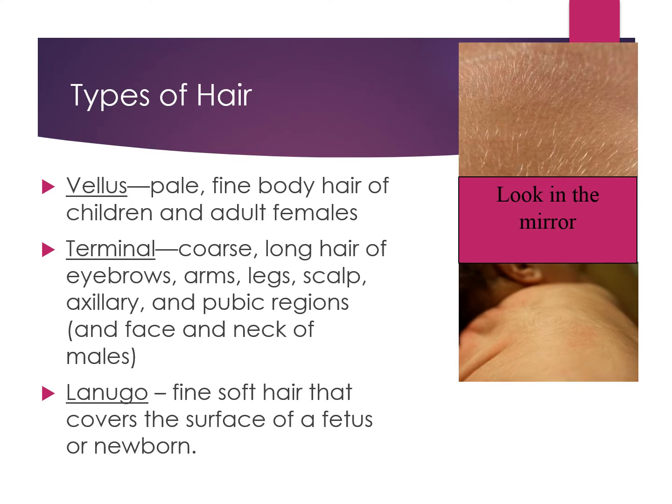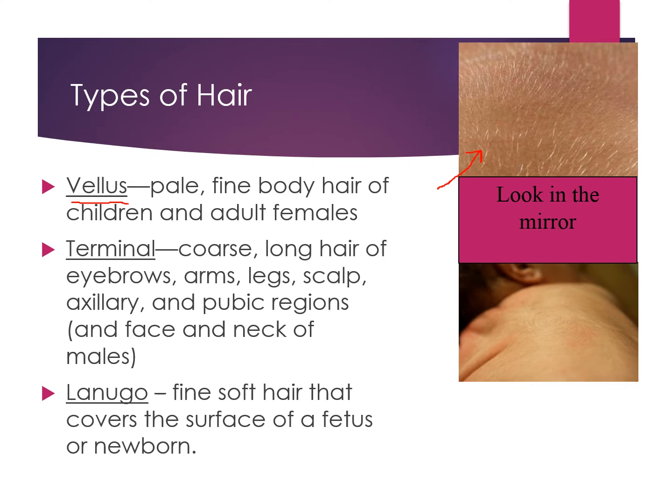Humans typically have three types of hair. The first type of hair is called vellus hair. This is pale, fine body hair that you find on children and sometimes on adult females. Next, you have terminal hairs. Look in the mirror: the hair on top of your head, the hair of your eyebrows.